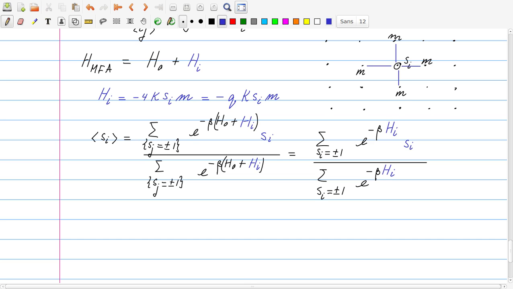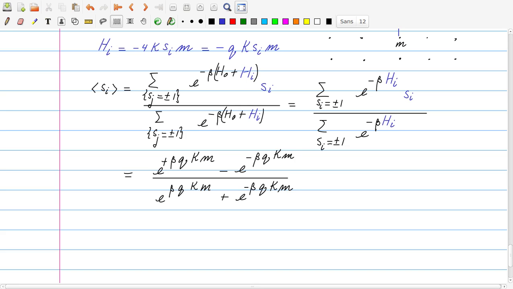The H0 has disappeared from the problem, and using the straightforward representation of Hi, which is minus qk Si m, we directly find that the expectation value for Si is given by e to the power beta qkm minus e to the power minus beta qkm, where this minus sign is due to the fact that the Si assumes a value of minus 1, and in the denominator there is no Si, so both terms have a plus sign.